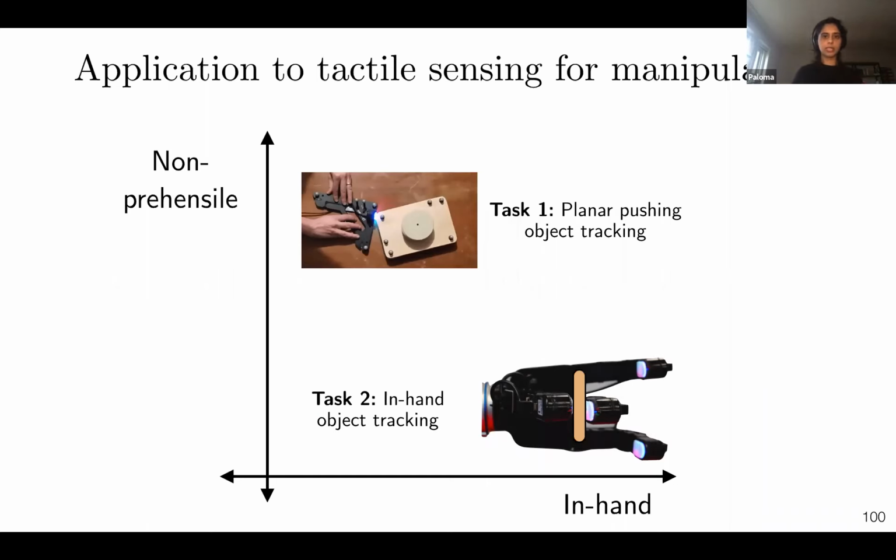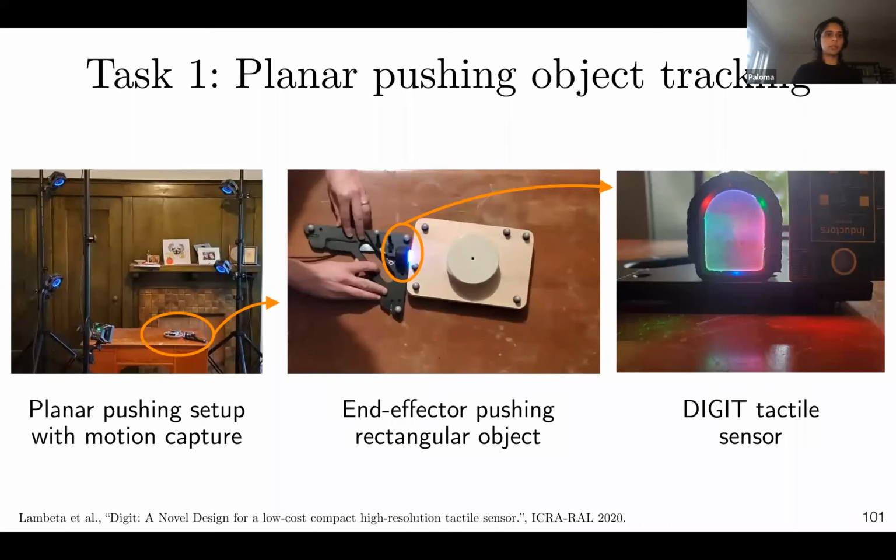So let's look at task 1, since we briefly looked at that in challenge 3. We propose to use the same setup here of planar pushing with a motion capture system, and use a DIGIT sensor mounted on an end effector that would push around different objects. So for instance, here it's pushing a rectangular object.